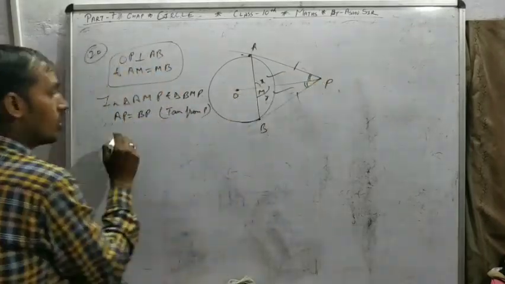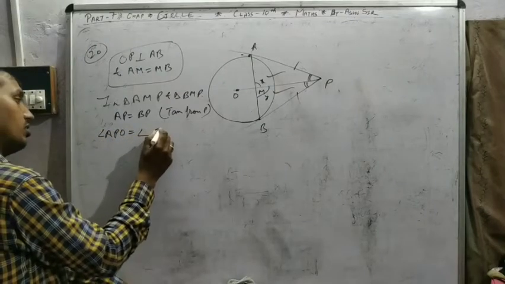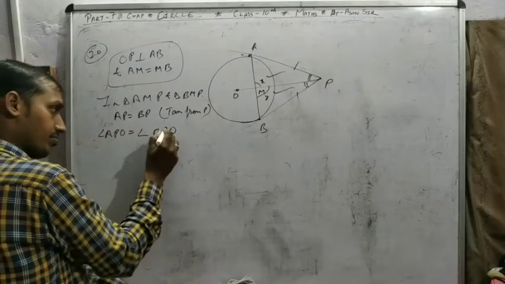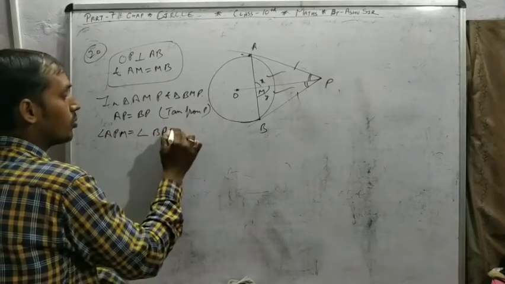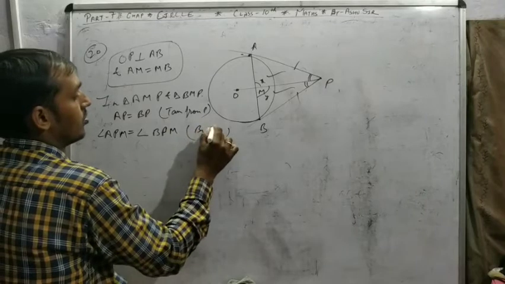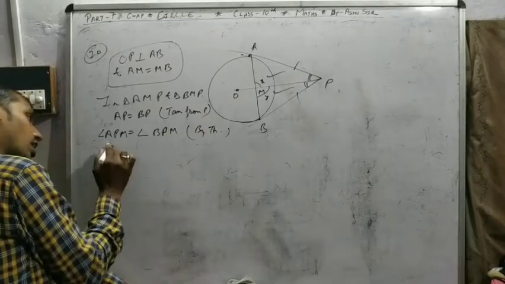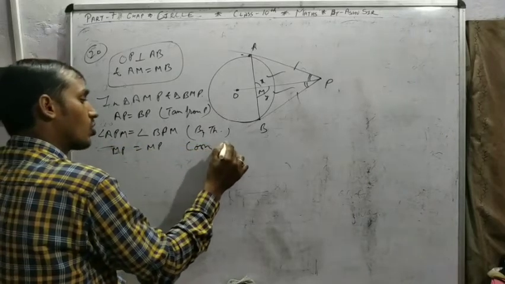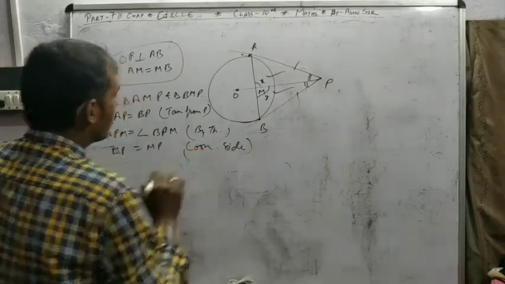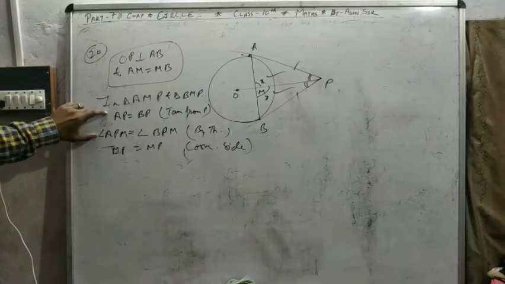This angle also equal by theorem, angle APO is equal to angle BPO, or you can say APM is equal to BPM by theorem, and MP is equal to MP, common side, means side angle side.